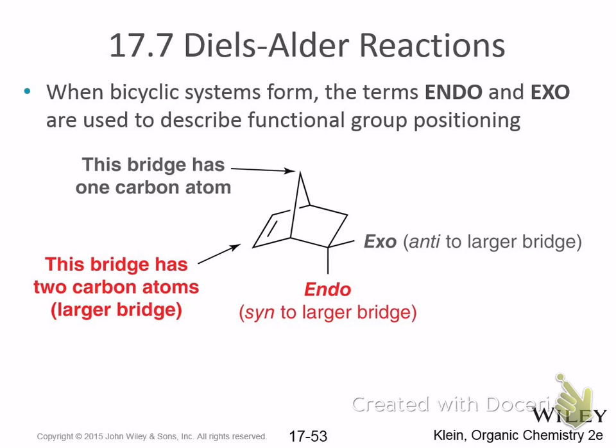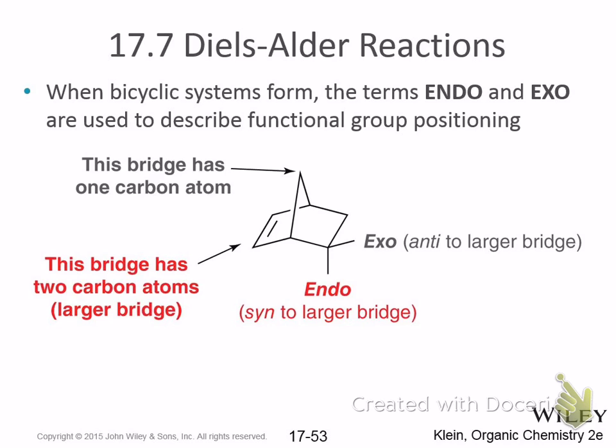So where you can have orientations of the dienophile based on charge of the groups, like the electron withdrawing and electron donating groups, you can also have orientation based on whether or not it adds in the endo direction or the exo direction. And endo turns out to be the preferred side.